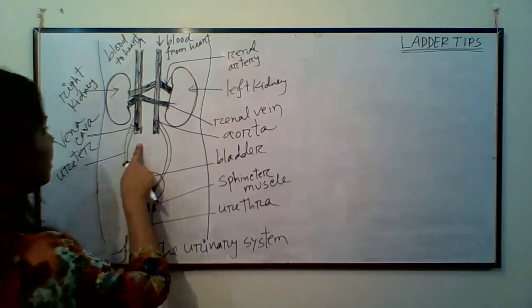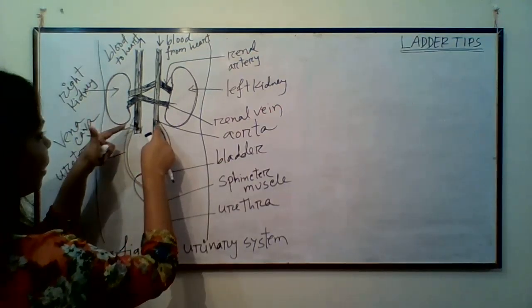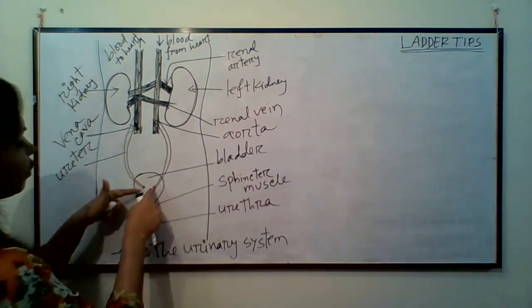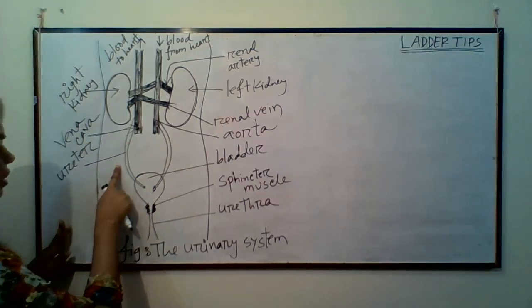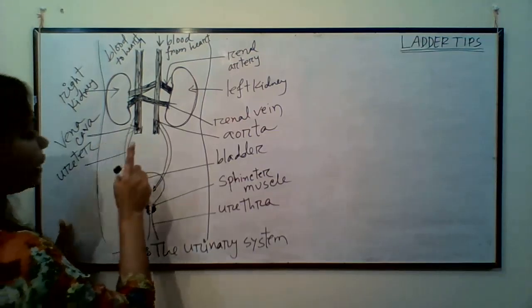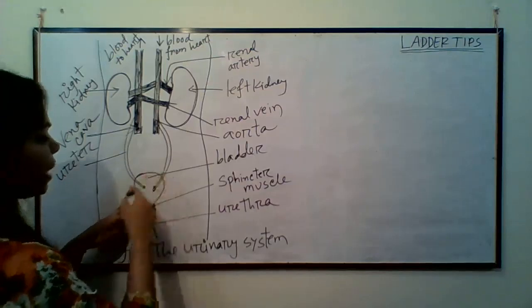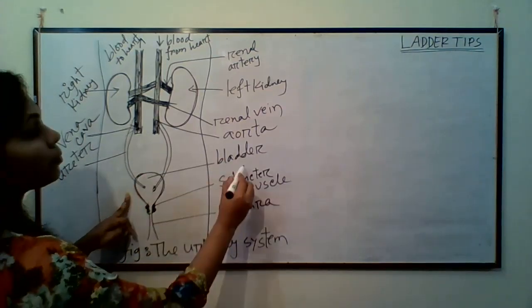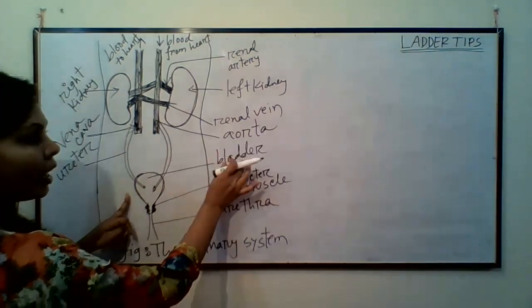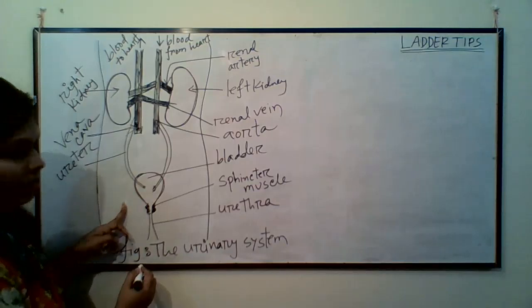Then the urine passes out through two tubes. You are seeing the two tubes here. These are called ureters, and the urine is at last stored in a muscular bag called the bladder, and the bladder has a tube leading to the outside.